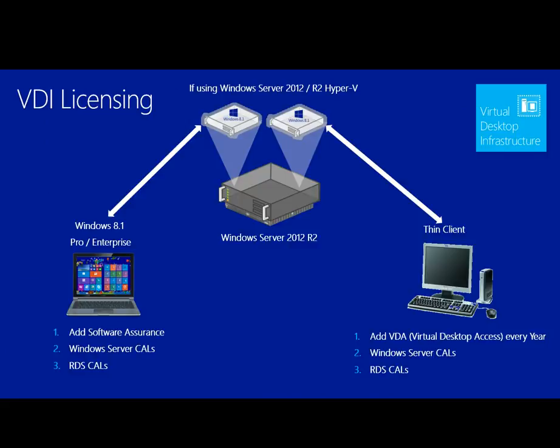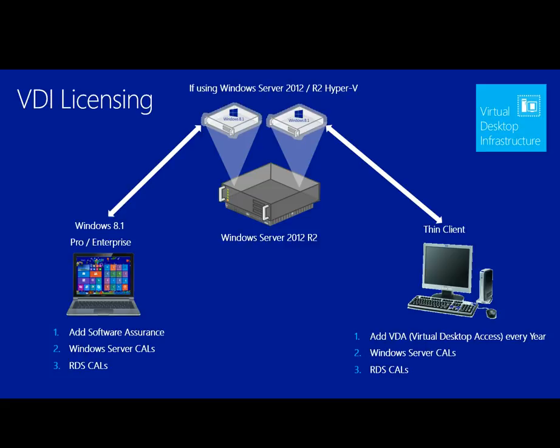And for licensing, let's assume that the customer is using Windows Server 2012 and using Hyper-V for virtualization. So two scenarios. If it's Windows 8.1 Professional or Enterprise Edition, if they have that license, they just have to add Software Assurance. And Software Assurance allows you to install 4 virtual instances of Windows 8.1 in a virtual machine, right?